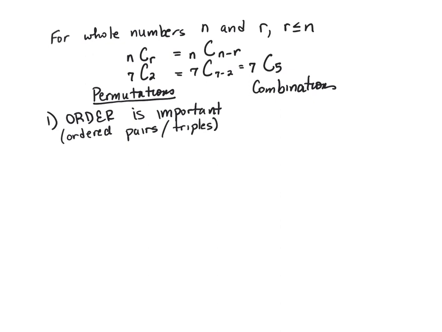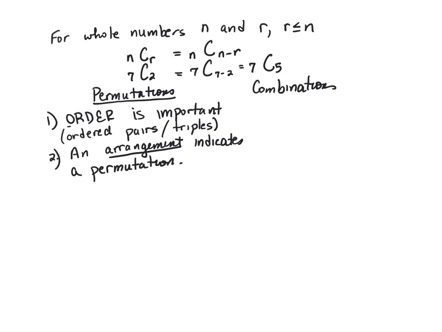And the key word here is arrangement. Arrangement indicates a permutation. And the problem might even be very clear by stating order is important. So look out for those words, order and arrangement.